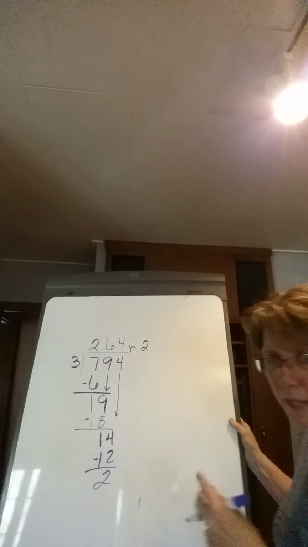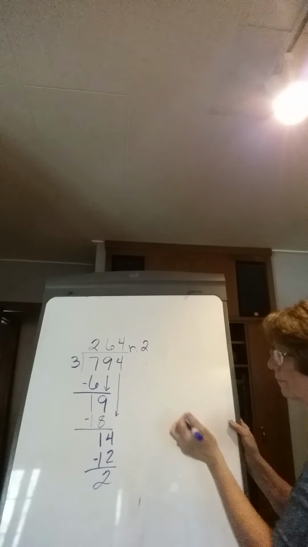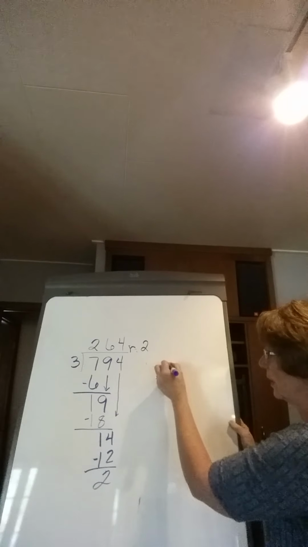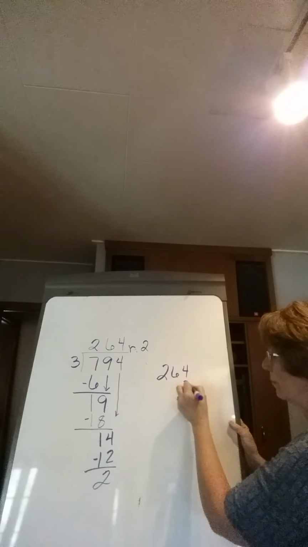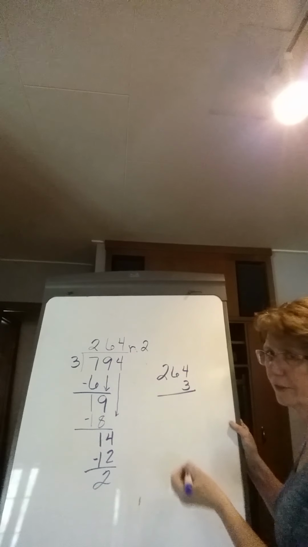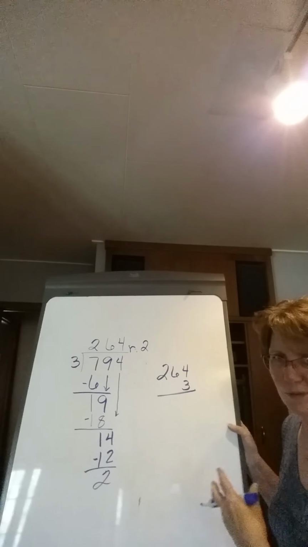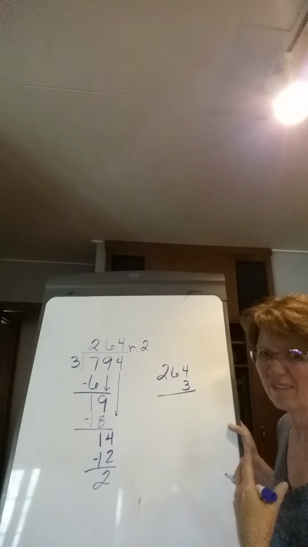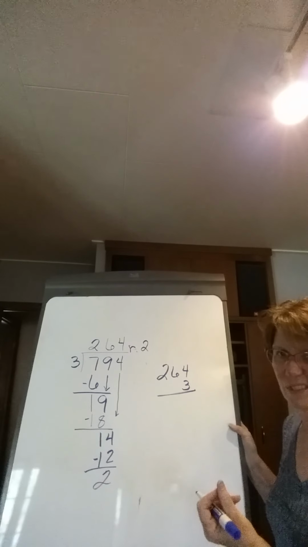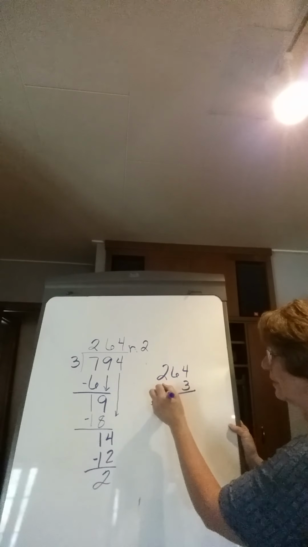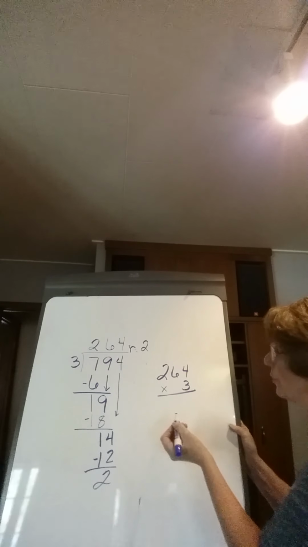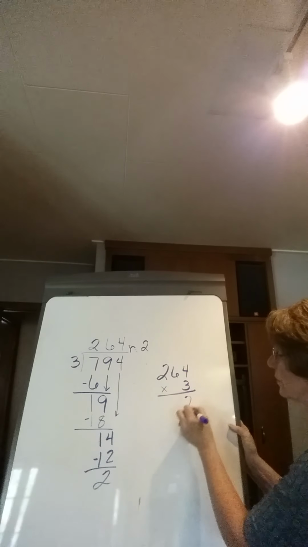Now, the way you check yourself is you take your answer. I have seen kids who just automatically write down the answer, and that's not checking yourself. That's just taking a shortcut, and it may be wrong. To really check yourself is to see if you did it correctly. It's a challenge. So 4 times 3 is 12.